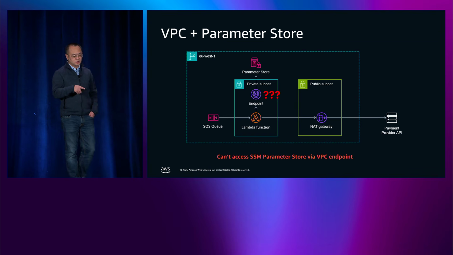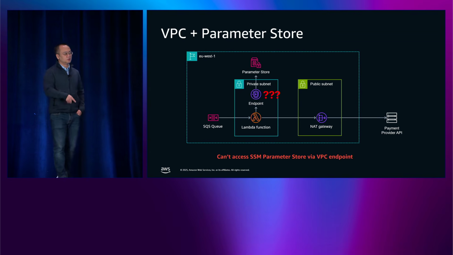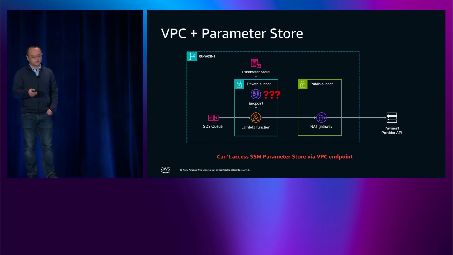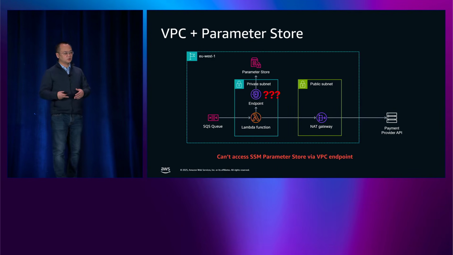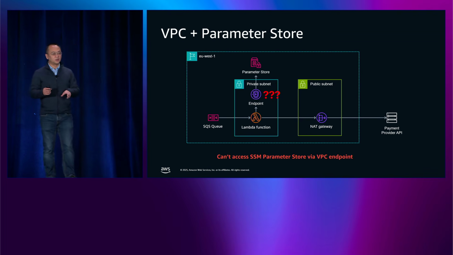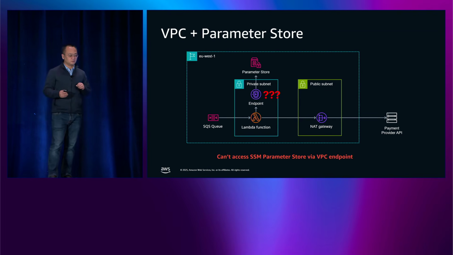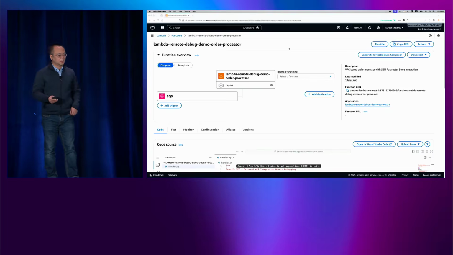The Parameter Store has a VPC endpoint, and the Lambda function reaches that to read the data from Parameter Store. The Parameter Store VPC endpoint has security groups, and also IAM roles. Those are two common problems that can cause this kind of issue.